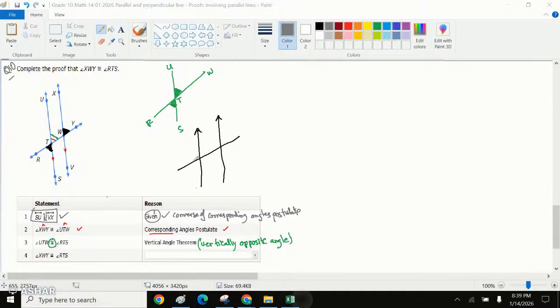These are the pairs of parallel lines. We are saying this angle must be equal to this angle, right? So if I say this angle was X, then this angle should be Y, because this sum is 180, right?